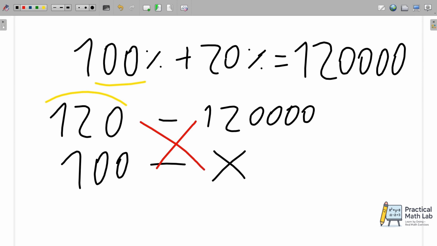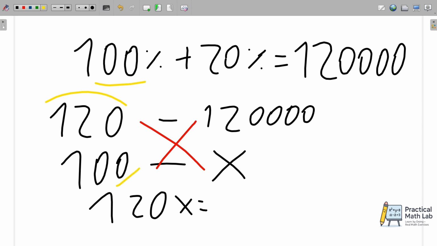So it goes 120 times X is 120X, which equals 120,000 times 100. When we multiply by 100, you don't even need to do the math. Just add the number of zeros at the end.